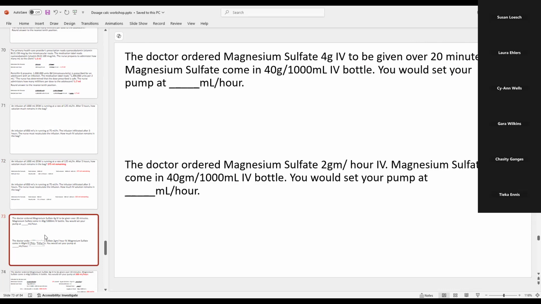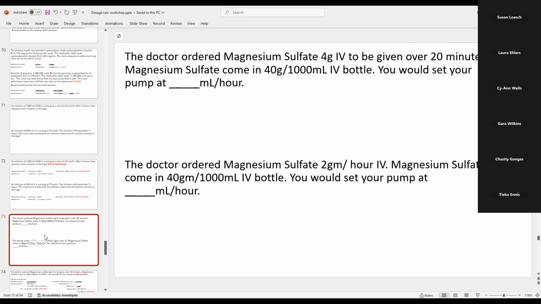Now, notice this says you're going to set your pump at mLs per hour. The question is telling you how much you're going to give over 20 minutes. So the first thing you have to do is determine what the rate will be over 20 minutes. And then, since there's 3 20-minute segments in an hour, you would have to multiply that times 3 in order to get your hourly rate.